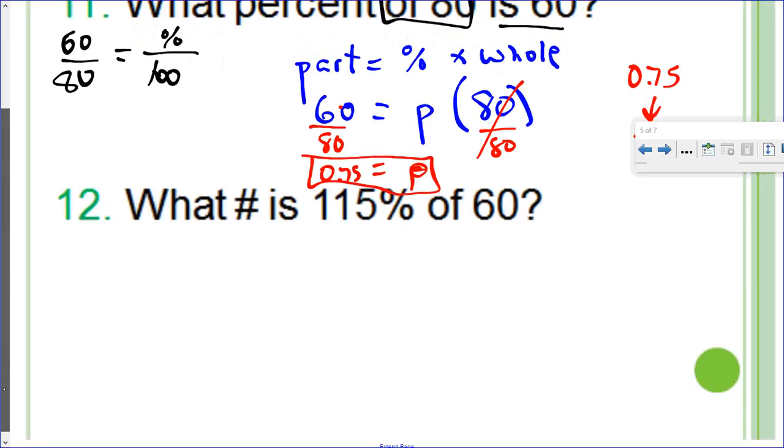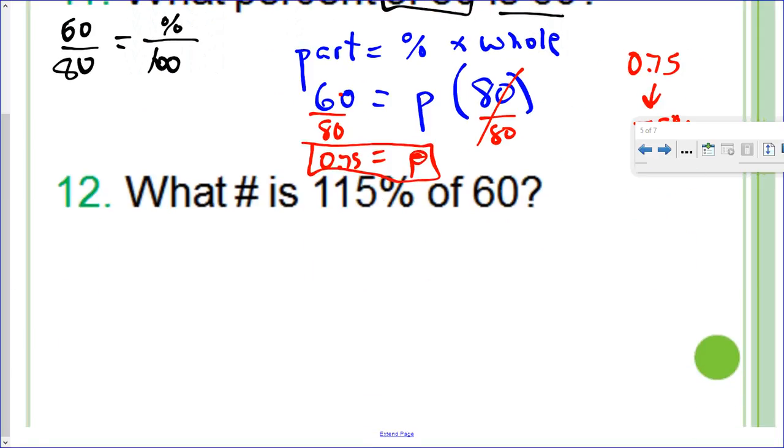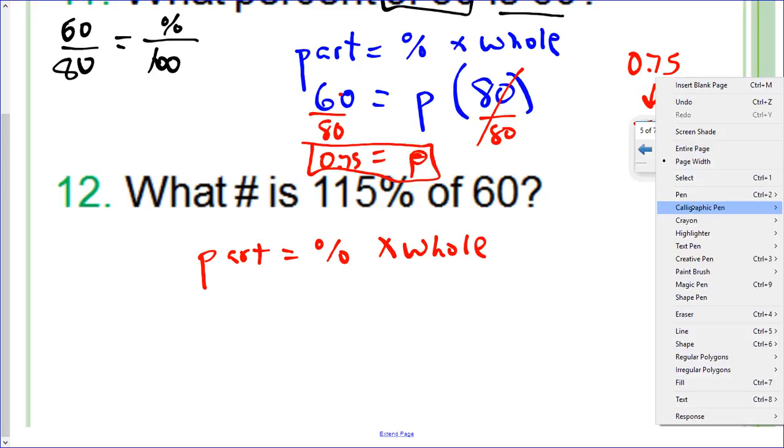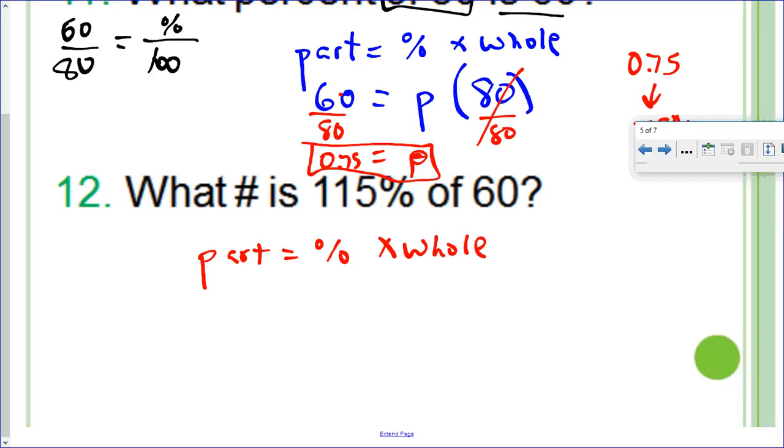I'll do the same thing here. What number is 115% of 60? So again, part equals percent times the whole. So what's my percent? I've got 115, but I'm going to write it as a decimal.